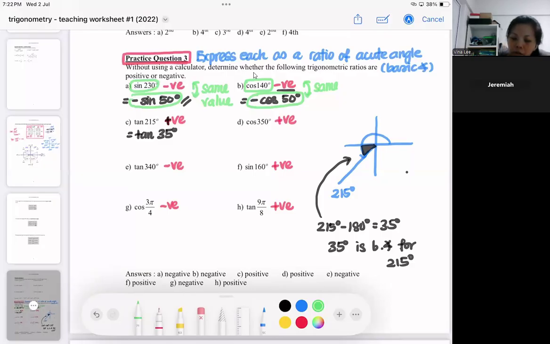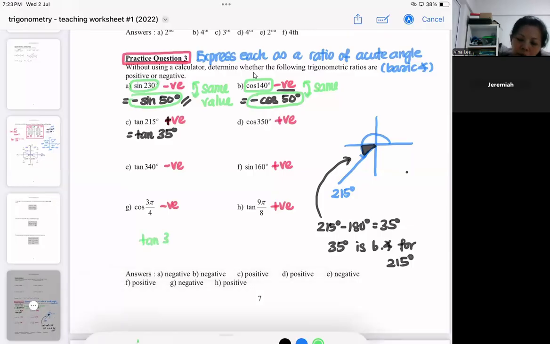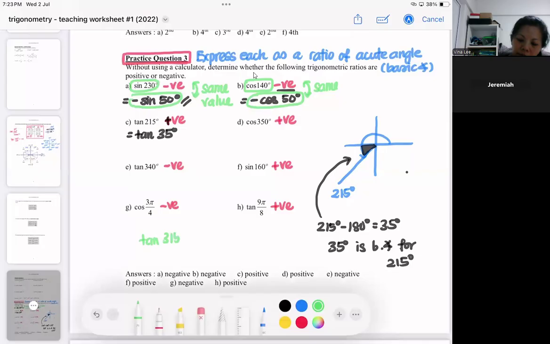If you punch your calculator, tangent 215, sorry, not 315, 215, both should be the same decimal.